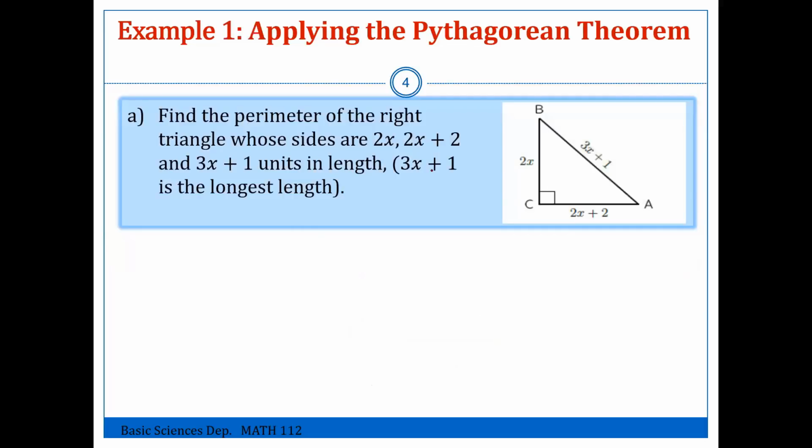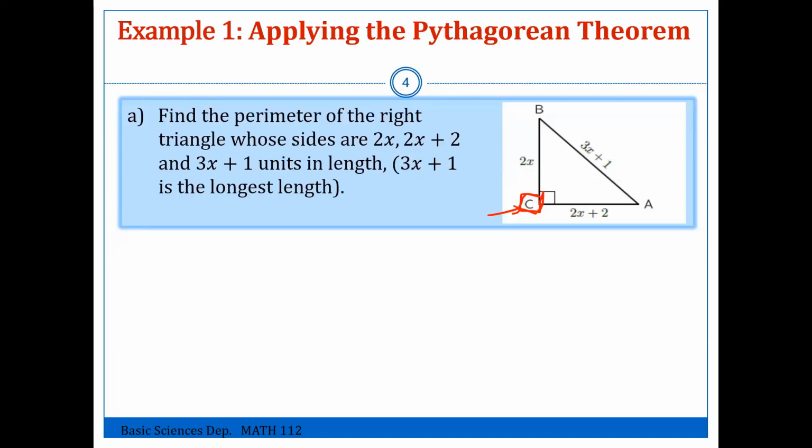خلينا نشوف مثال. So we are given a right triangle ABC, right in C. This is a very important information. So the right angle is the angle C. Here, the lengths of the sides are partially given because they depend on the parameter x, which is not known.